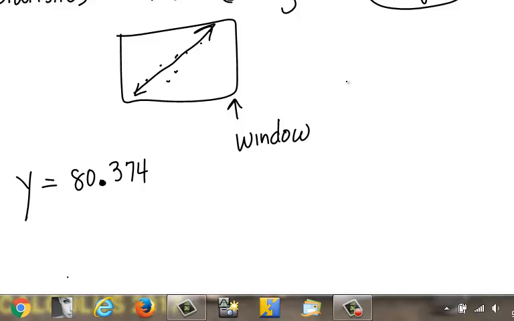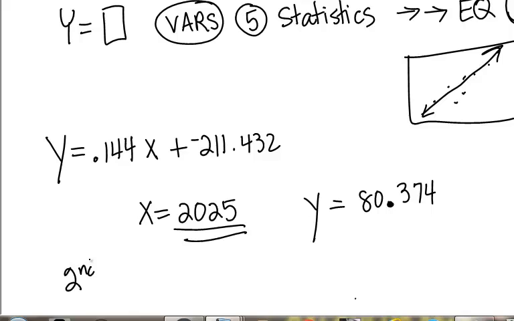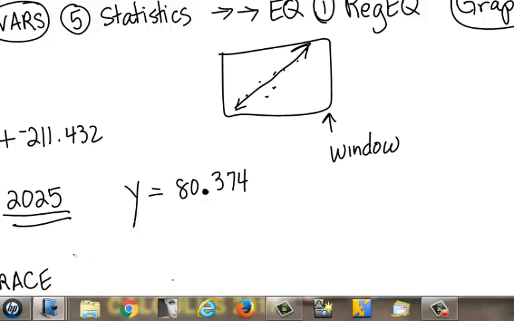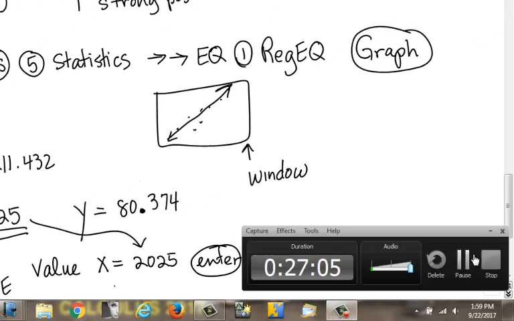So you have to make sure your window fits your data point, and then we did second function calculate, which is above the trace key, and we did value, and we did x equals, and then you put in whatever they give you in the problem, 2025, and press enter, and it will give you the y value on that linear regression curve.